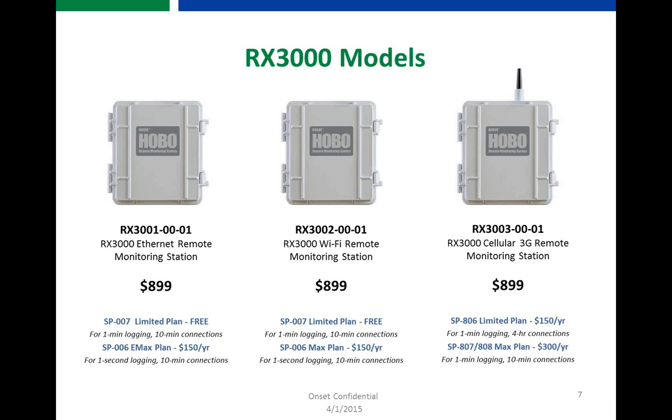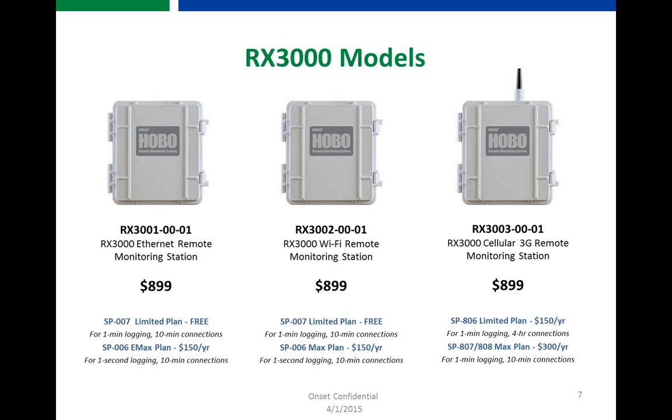The RX3000 comes in the 3 models I mentioned a couple slides ago: the Ethernet version, the Wi-Fi version, and a cellular 3G version. All of these models have a nice flat price of $899 retail. You will see on our website some of the advantages of the data plans are that they're very simple.